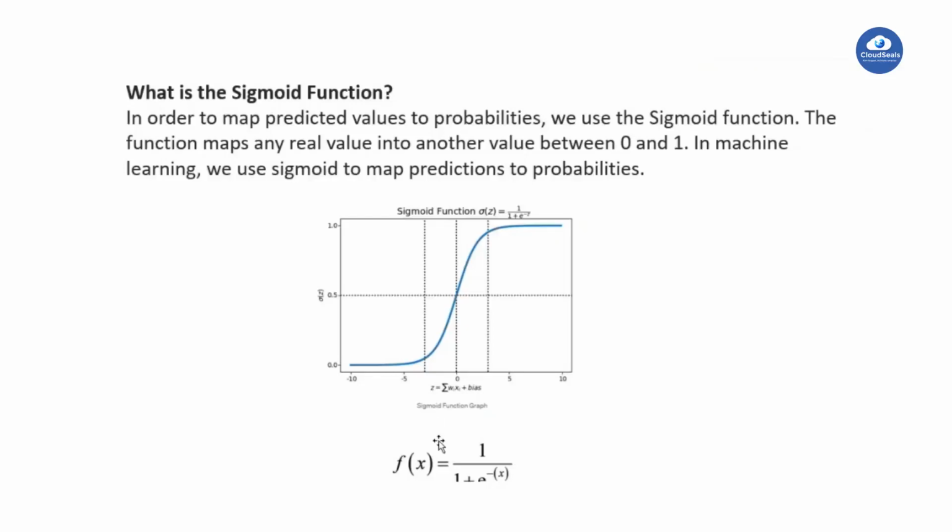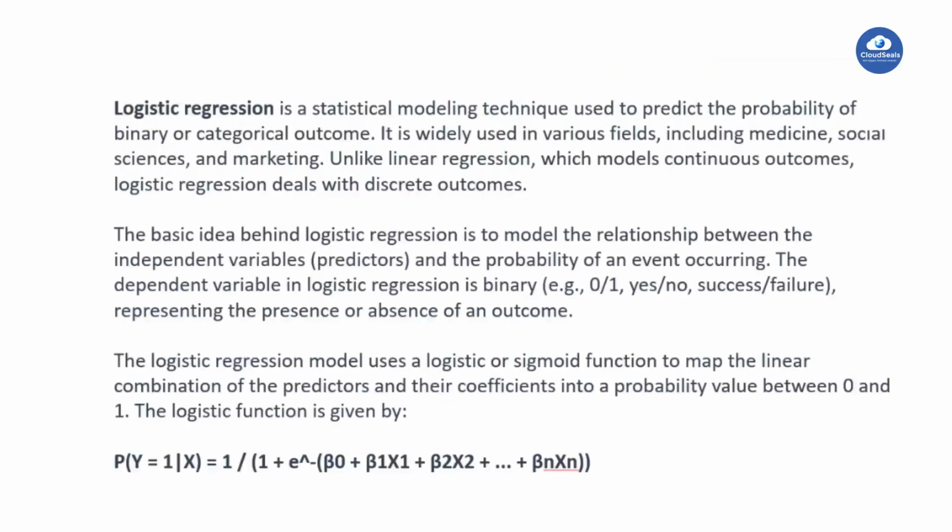But in logistic regression, the sigmoid function f(x) equals 1 divided by 1 plus e to the power minus x. We get one value when the independent variable value is substituted here, and we calculate a probability for that value. We'll explain everything clearly.